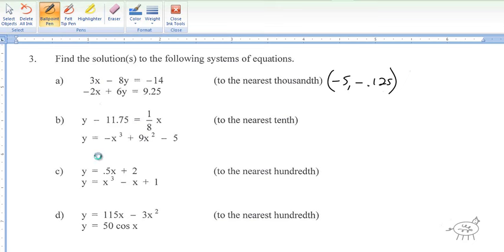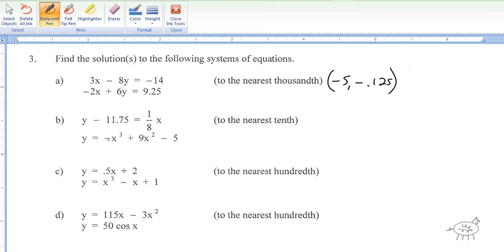One is I could solve for y for each of these problems, and then set those 2 equations equal to each other, and then move everything over to one side and graph that equation, and find the zeros. That's one way to do it. And then the other way to do it, which I think is just a lot easier, especially if you're given 2 equations, is to solve each equation for y and graph both of them and use the intersect button. Okay, and that's exactly what I'm going to do.